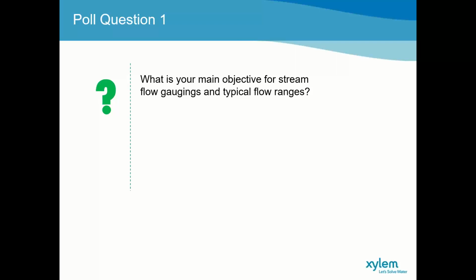Daniel, I'd like to invite you now. I'm sure everybody's curious to know the responses. It looks like 58% answered operational. Their main objective was operational, followed by 54% for research and 12% for regulatory functions. Is this what you had expected? Yes, definitely.